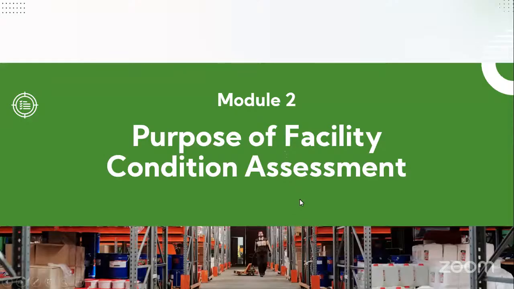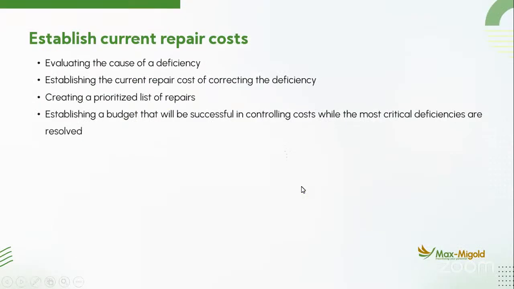So what is the purpose of facility condition assessment? It helps you to establish the current repair cost. How much do you need to spend currently to get that facility in order, while you defer some other expenses?